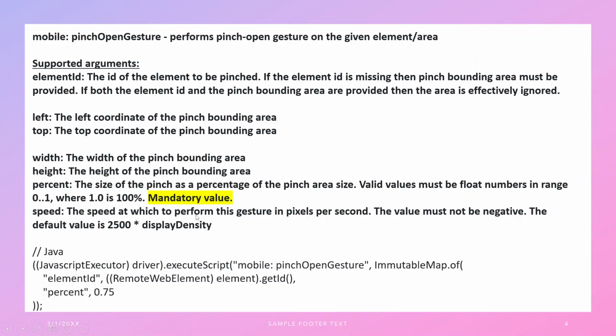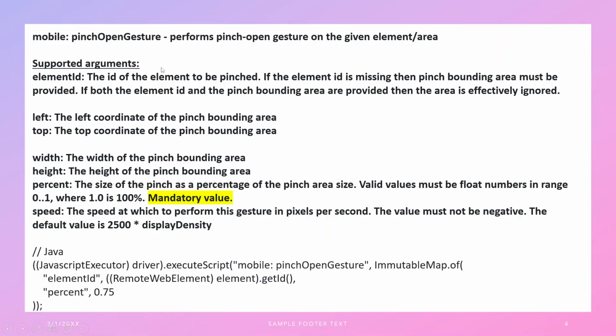This is a completely optional argument. If you provide it, you can specify the speed of the pinch. If you do not specify it, we have the default value 2500 into display density. This is all about the pinch open gesture.